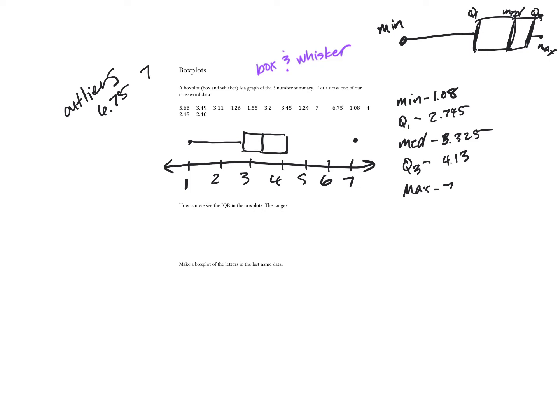I'm going to make a point at 6.75, and I'm not going to connect to that point. I'm going to make a point at the 5.66 because that was the next highest point, and I'm only connecting to that point. In other words, we don't connect to outliers, but we still graph them.